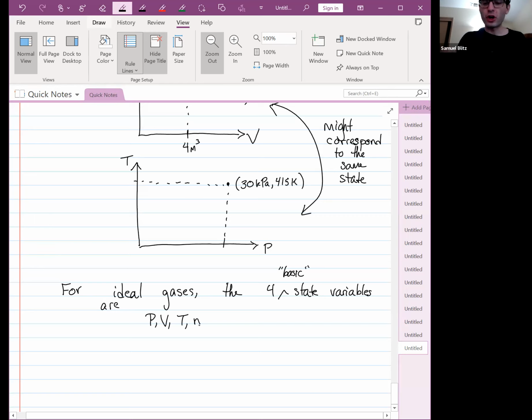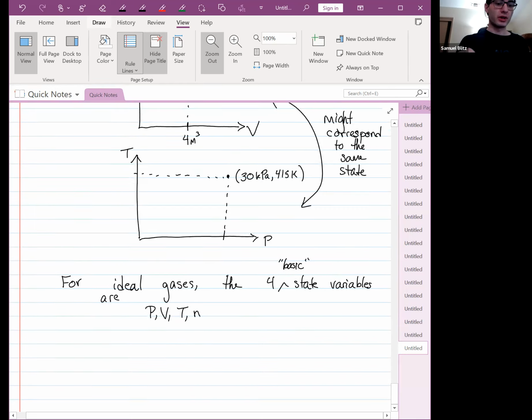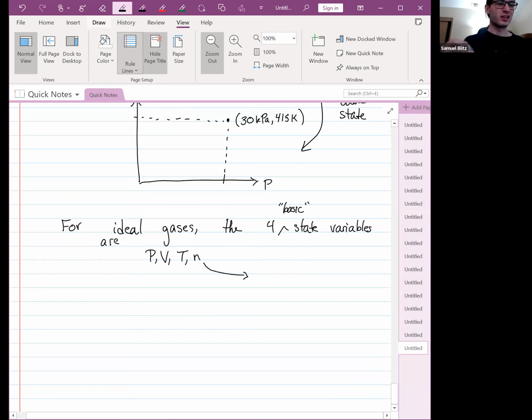And so for almost all of the processes that we're going to consider in this class, the number of particles is fixed. We're not adding more gas or removing gas. So we can just treat n as some constant that is determined ahead of time. And then, given n is fixed, the ideal gas law determines one given the other 2 of these 3.